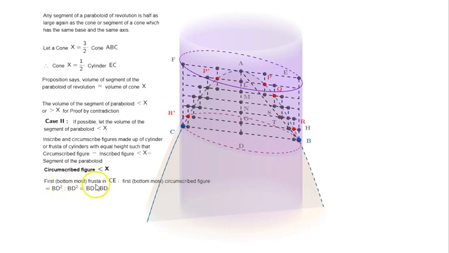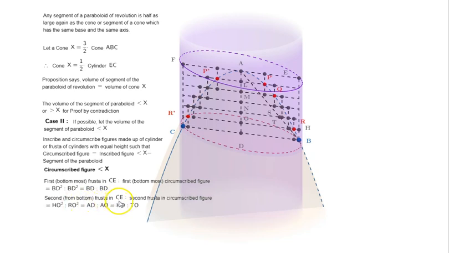Again, just like in case 1, we take it slice by slice. First, the bottommost frusta in C is to the first, that is the bottommost of the circumscribed figure, as BD square is to BD square, which is equal to BD is to BD. Here, when we say frusta in C, we are talking of this entire cylinder, CE. And the circumscribed figure is the outer figure.